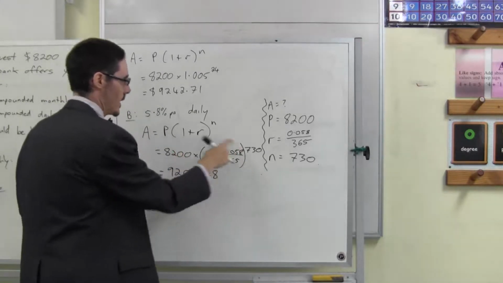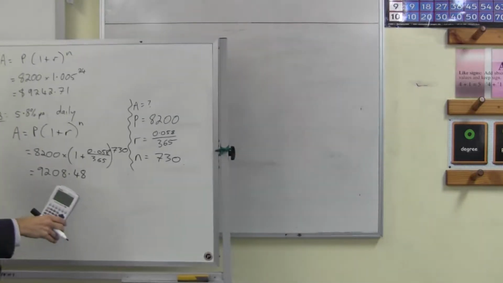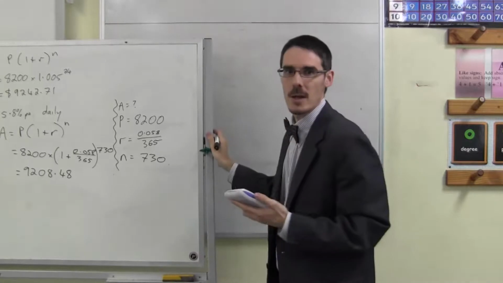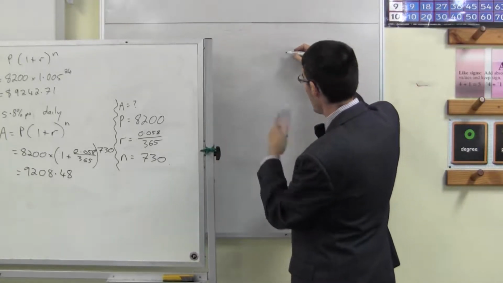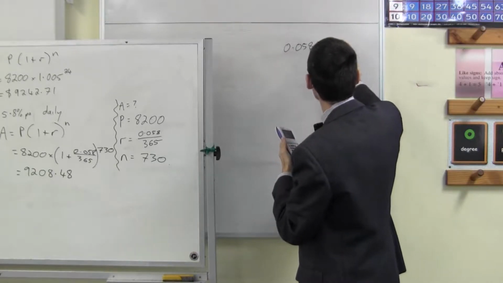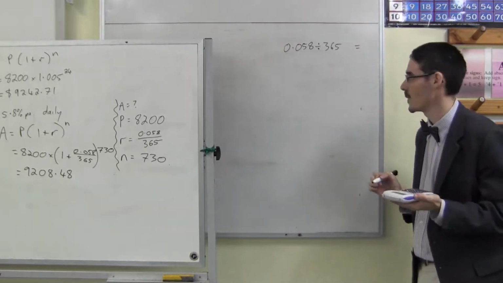If you have trouble getting this into your calculator, there is an alternative. If you do it first, on your calculator, you're going to type in 0.058 divided by 365 equals. It'll give you a nice number.